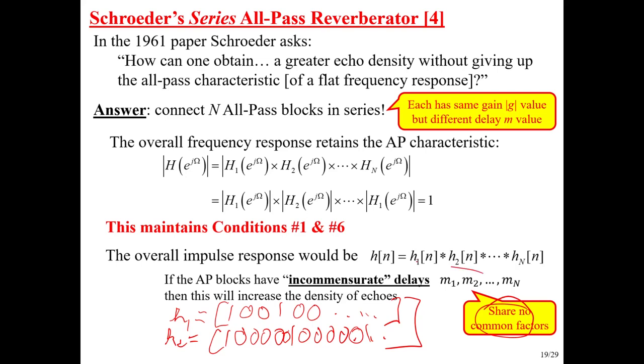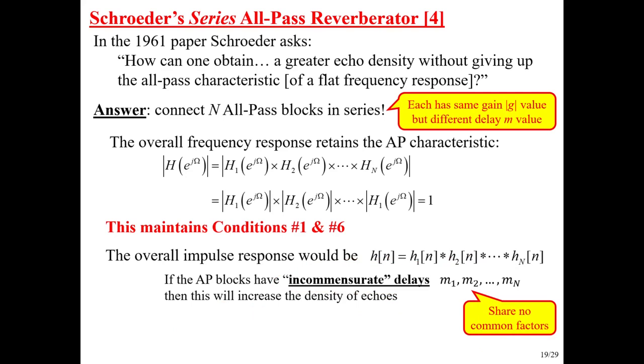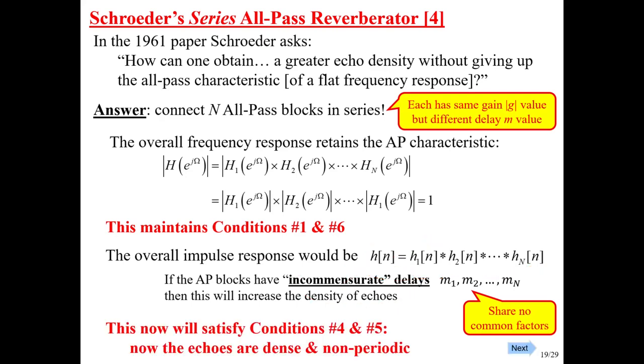So incommensurate delays, or better, delay integers that share no common factors, will ensure that you get a more complicated echo structure from that convolution than you would from any one of the individual ones, or than you would get if these things were commensurate delays. That's the key. Now we can get dense echoes, and they will not be periodic.